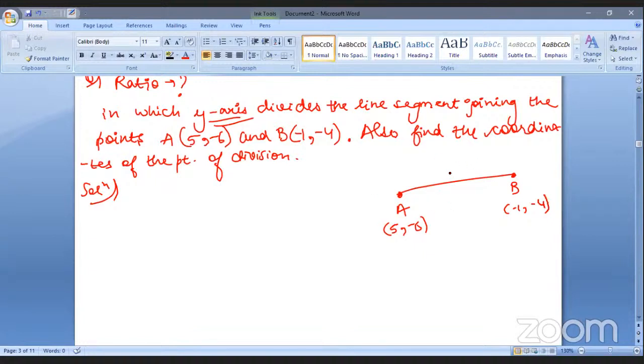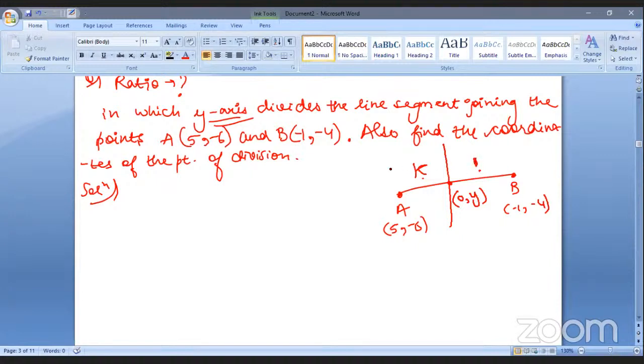If the y-axis is dividing, I'm just drawing the y-axis anywhere like this. It is not the exact figure, but it is just for our help. So if it is the y-axis, we know one thing, that the x coordinate would be 0 and the y coordinate would be something. And we have to find out this ratio. So we will use k:1.